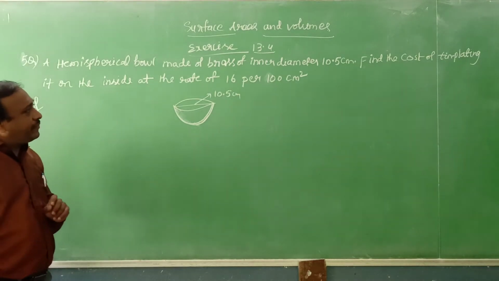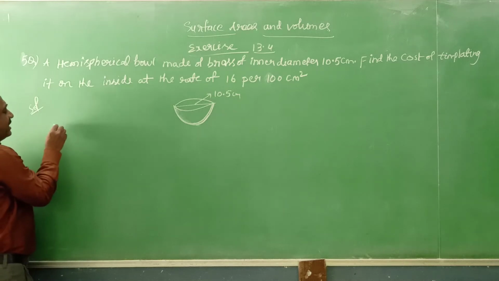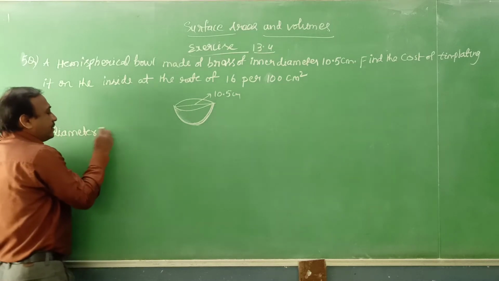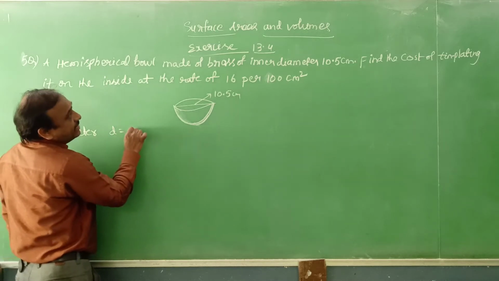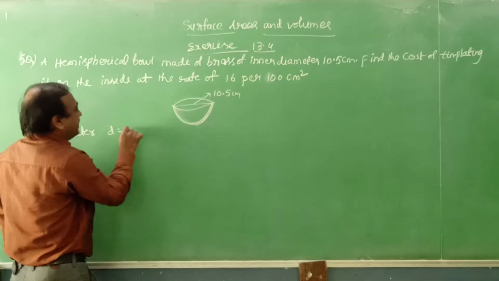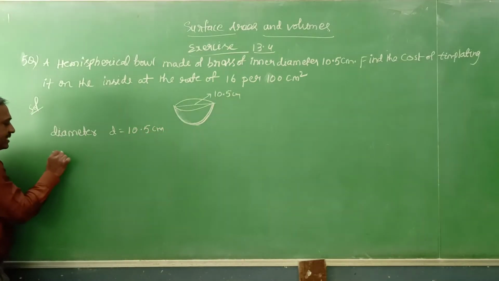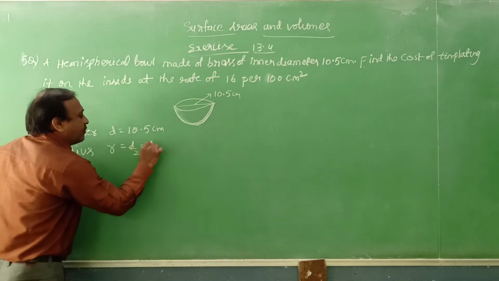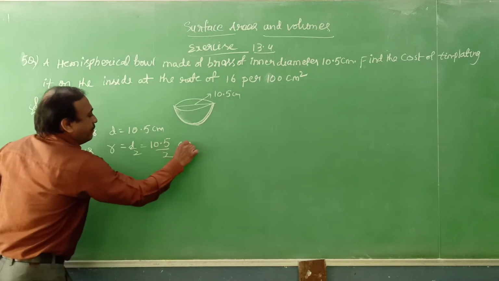So curved surface area. First, diameter. Diameter D of the hemisphere is given, that is 10.5 centimeter. Radius R is equal to D by 2, which is equal to 10.5 by 2 centimeter.